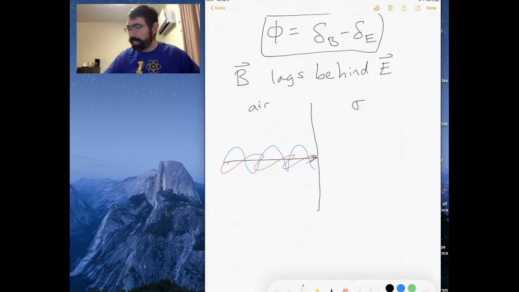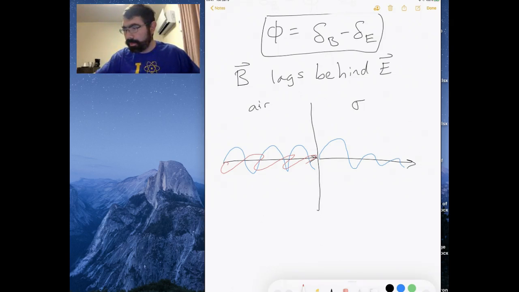And when we get into the conductor, it keeps moving forward. You have the electric field, which is now starting to dampen. And you have the magnetic field, which is also starting to dampen, but now it's not in phase with it.